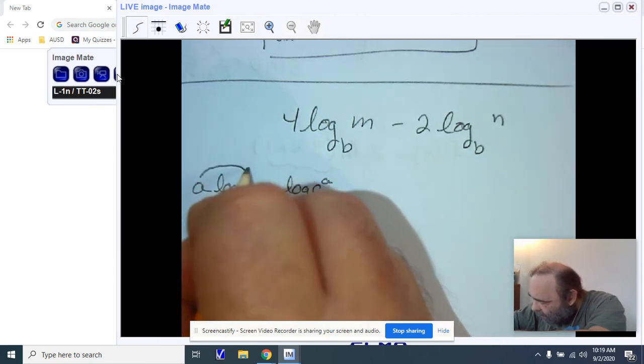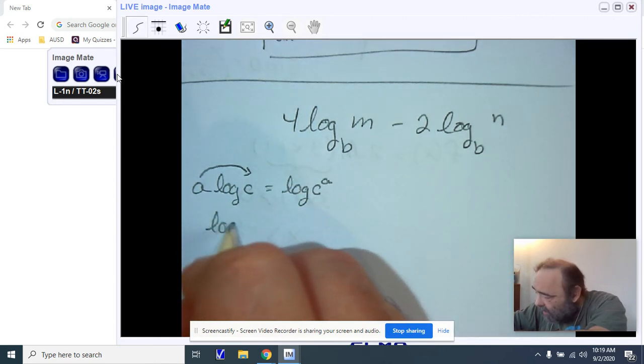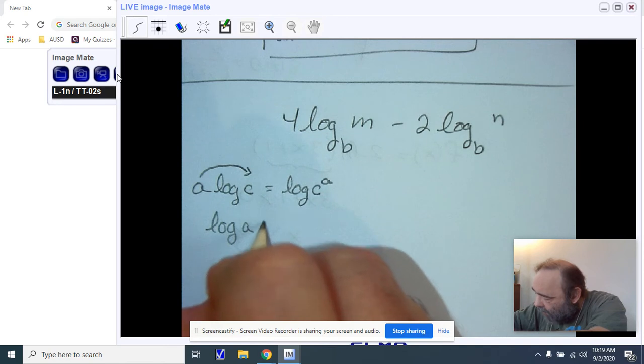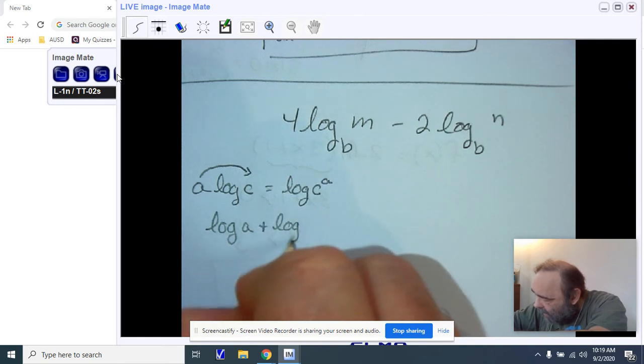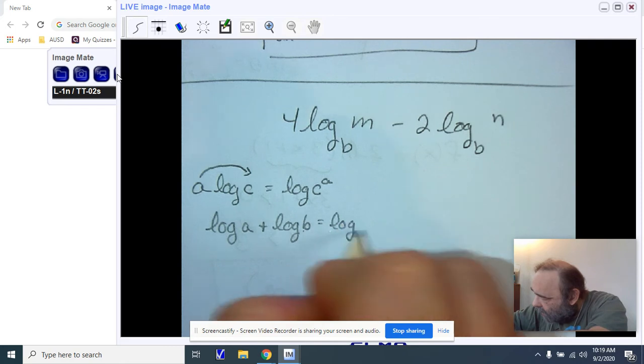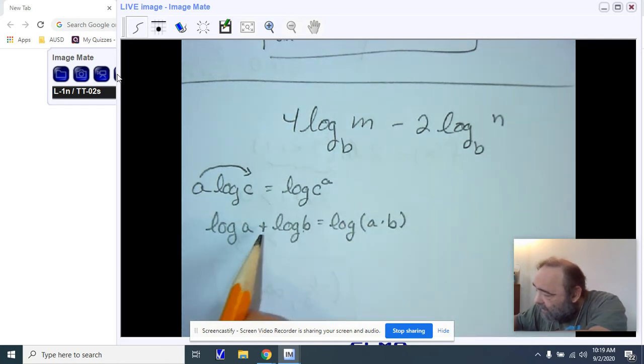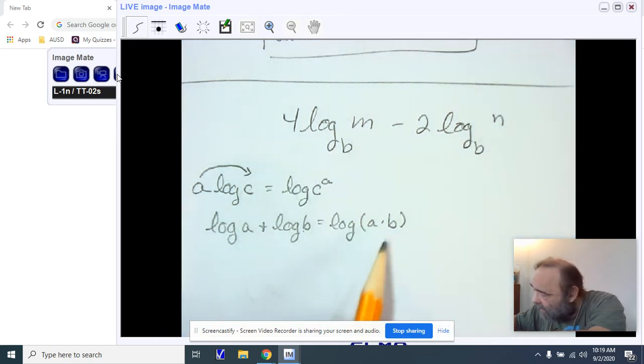This power moves in front. We're then going to use the second rule that says log of a plus log of b is the log of a times b. Notice that this sum is represented as a product.